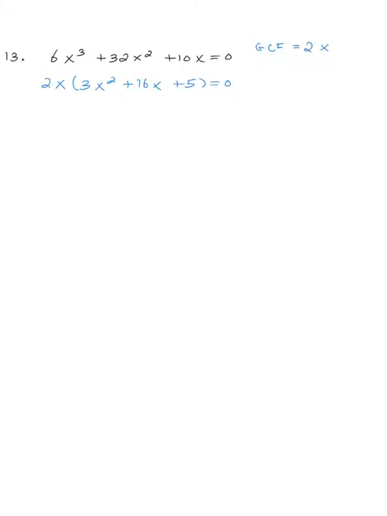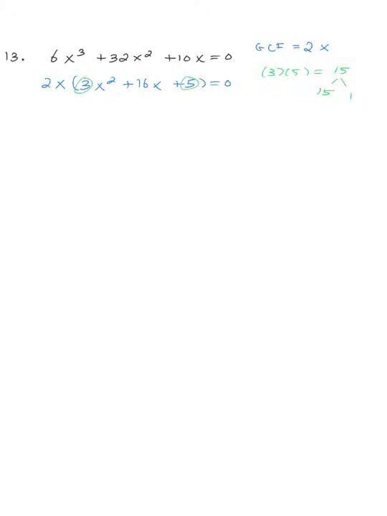Okay, I think I'm going to factor 3x squared plus 16x plus 5 by using our trick of multiplying the 3 and the 5, which gives us 15, and I see the factors are clearly going to be 15 and 1. So copying this whole equation down, actually I think I'm going to work this out separately, where I want to factor 3x squared plus 16x plus 5. I'll factor it and put it back into the equation.